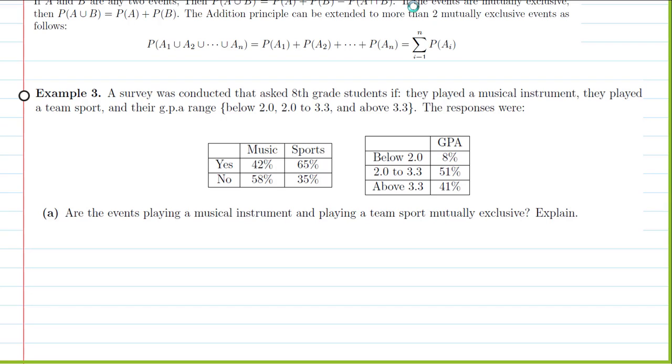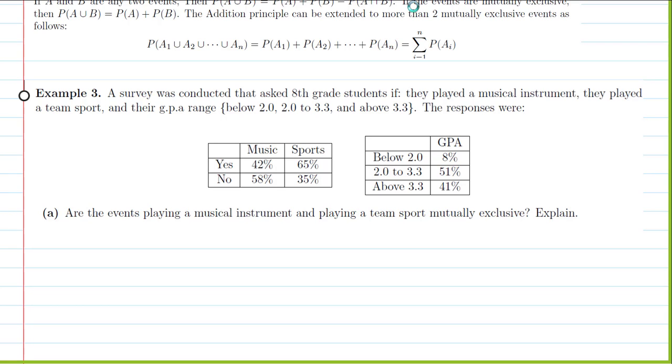So 42% said yes to music, 65% said yes to playing a team sport, 58% said no to music, and 35% said no to a team sport. 8% had a GPA below 2.0, 51% had a GPA between 2.0 and 3.3, and 41% had a GPA above 3.3.